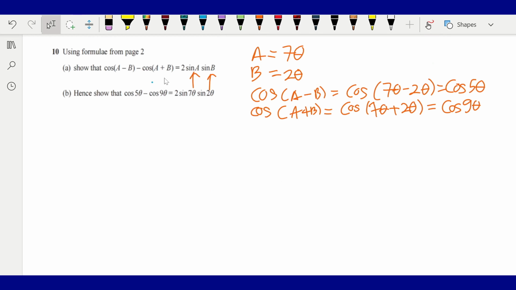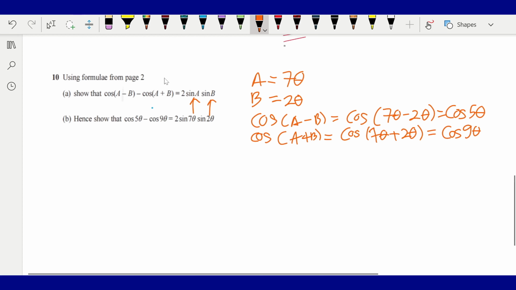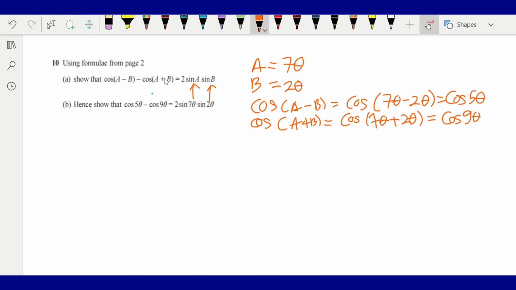Hence following this, cos(A minus B) is cos 5 theta, and cos(A plus B) is cos 9 theta.